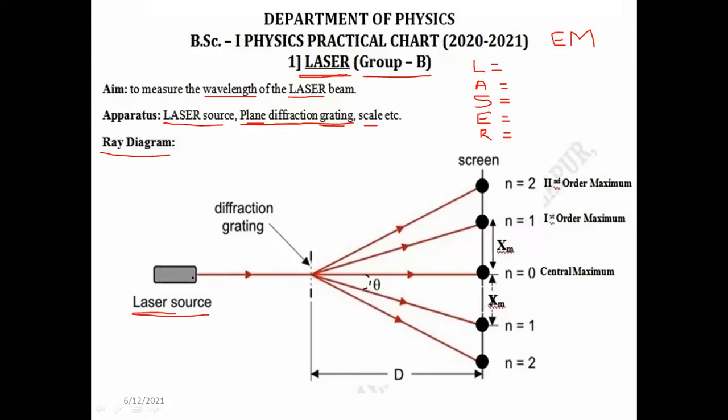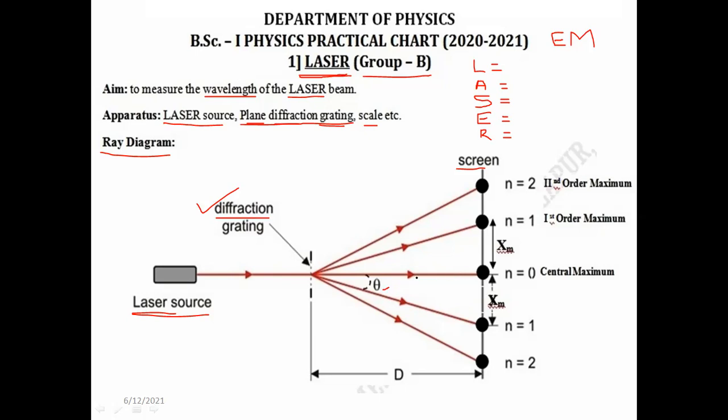If any obstacle in the form of a grating is kept between the path of the laser and the screen, here is the screen, we can observe that due to diffraction of the laser beam, the rays of the laser are getting diffracted. So here another phenomenon is observed, that is diffraction of laser light, and the diffracted angle is theta with respect to the original direction of the beam.